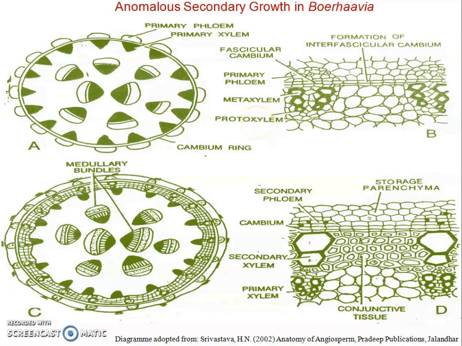These are some steps of the anomalous secondary growth in Borrelia. Here, in the outer ring, a formation of interfascicular cambium ring takes place between the two vascular bundles, and towards the pericycle region.